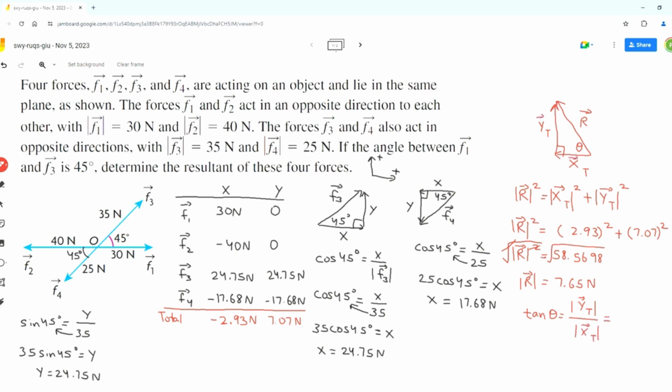So the magnitude of the y component is 7.07, and for the x component the sum is 2.93. Now we can do the inverse of tan. So I got almost 67.5 degrees.